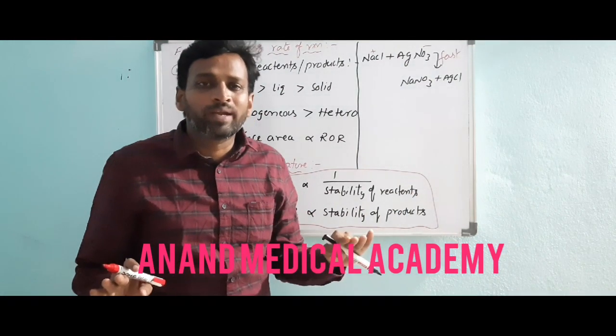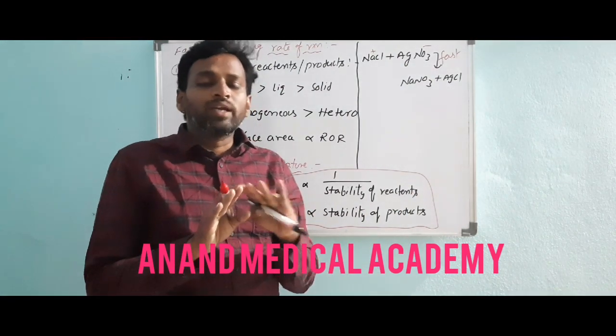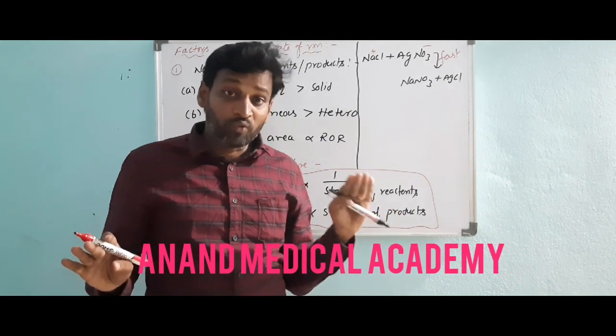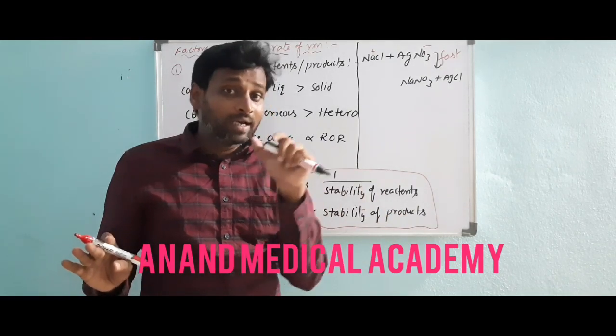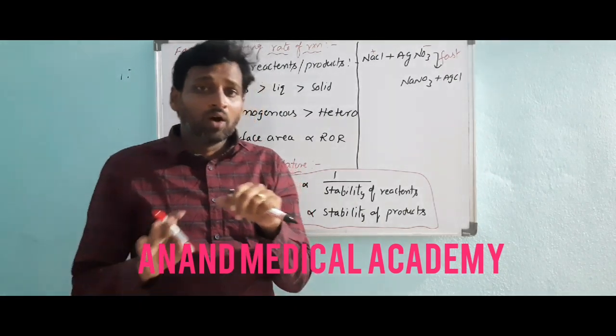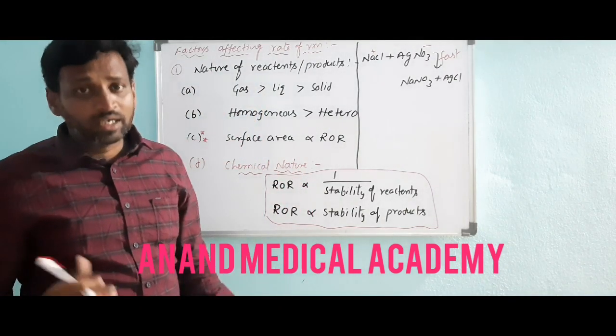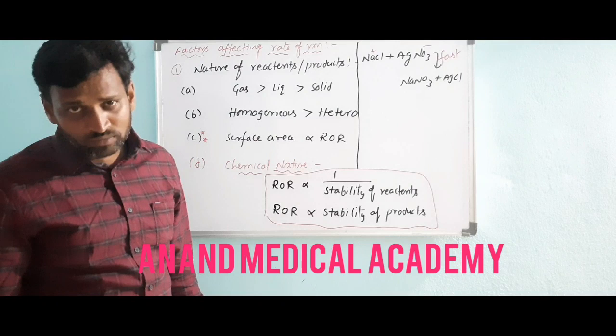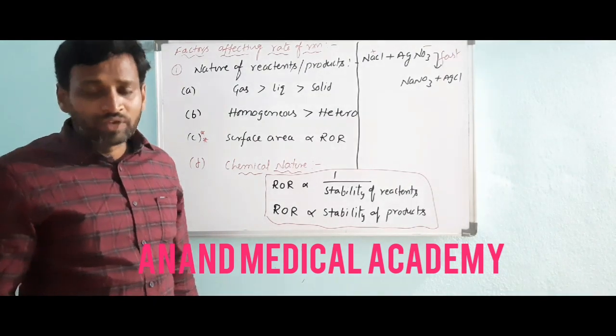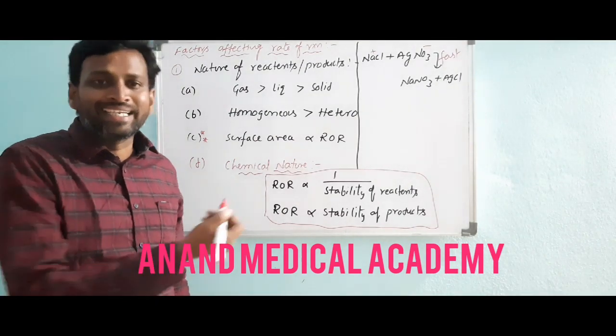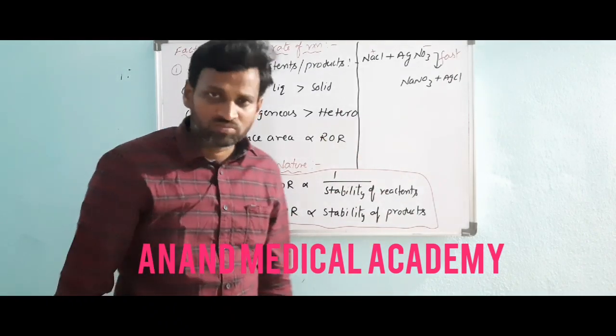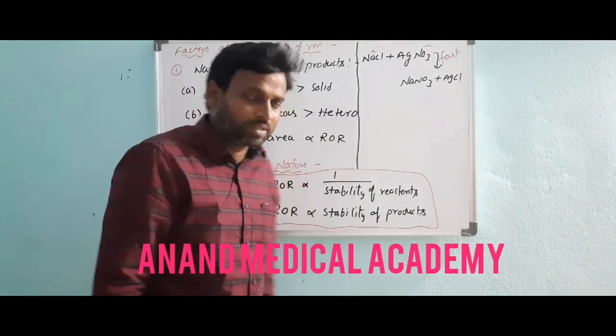there is no need to break the old bond and no need to form a new bond. Whereas if you consider covalent reactants, old bonds have to break and new bonds have to form. It takes some time. If the number of bonds in the reactants increases, it will be somewhat slow. Getting what I am saying?